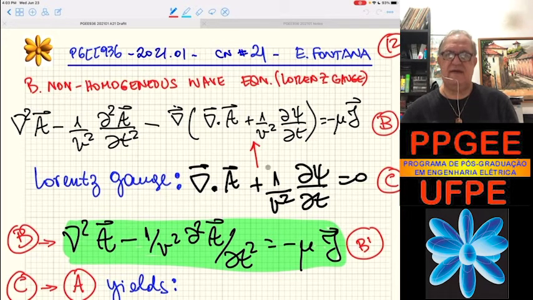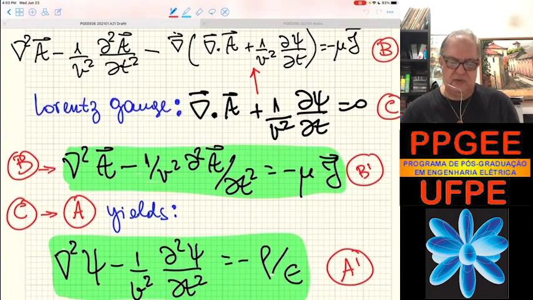And directly when we do that, we obtain a non-homogeneous wave equation in which the source element is the current density itself. Right?